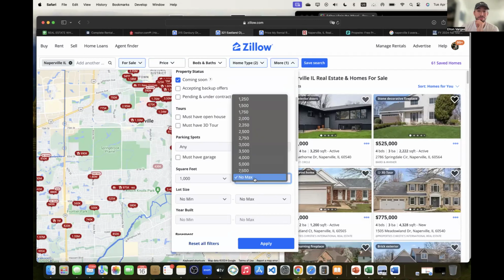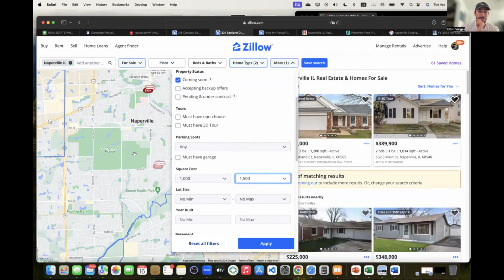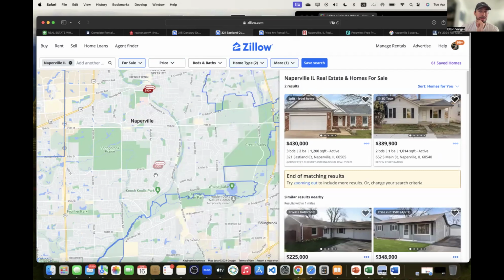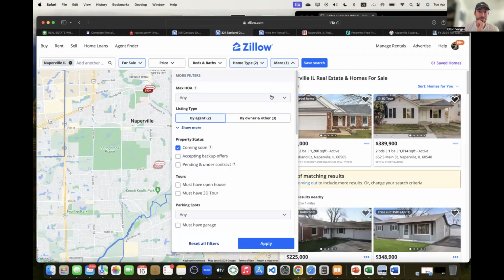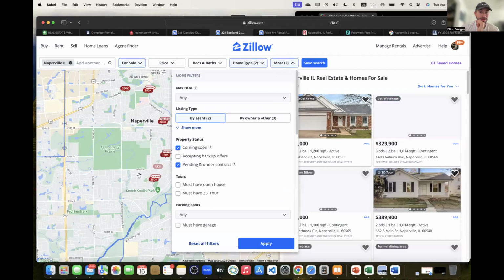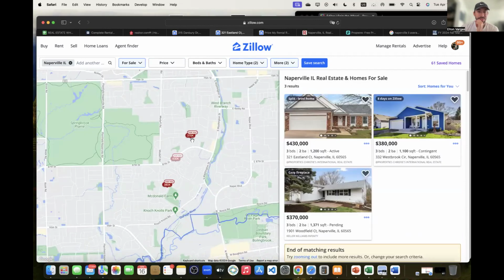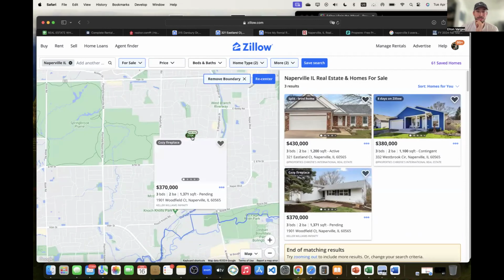Maybe I can do a really small fix and flip deal on this, but let me see what's pending on the contract. And it looks like the $300,000 price point is not bad whatsoever. We have a 1300 square foot over here on contract.